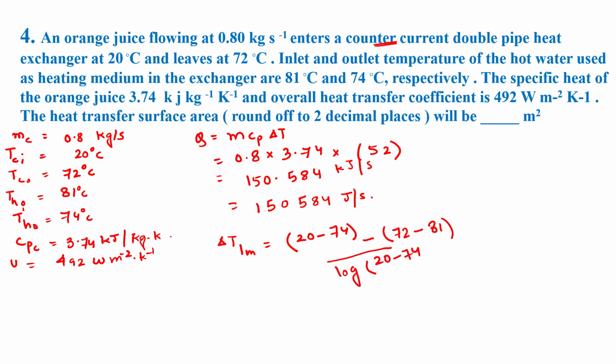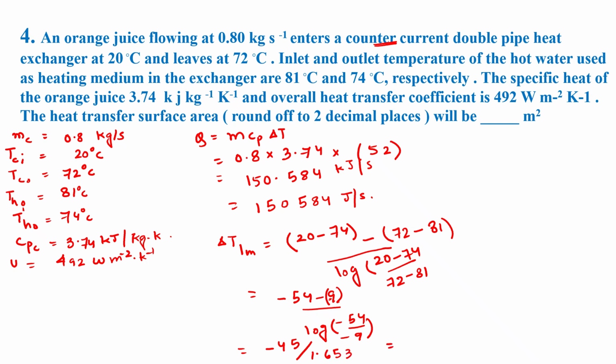So we'll calculate this. We'll get (−54 − (−9)) / log(−54 / −9), or −45 / 1.653, which is equal to 27.22 approximately.